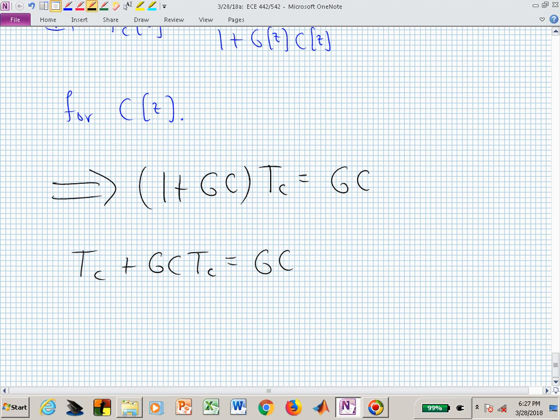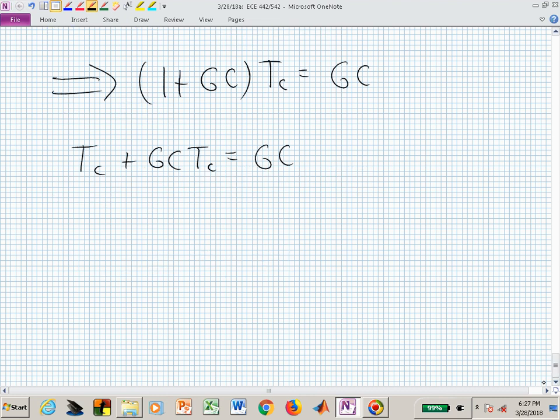That allows me to slide these transfer functions around arbitrarily, really. And now what do I want to do? I'm trying to now solve this equation for C. So let me put C terms on one side and the other terms on another. So I now have T sub C equal to G C minus G C T sub C.